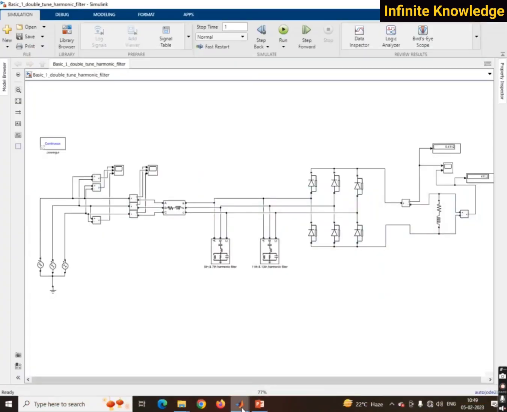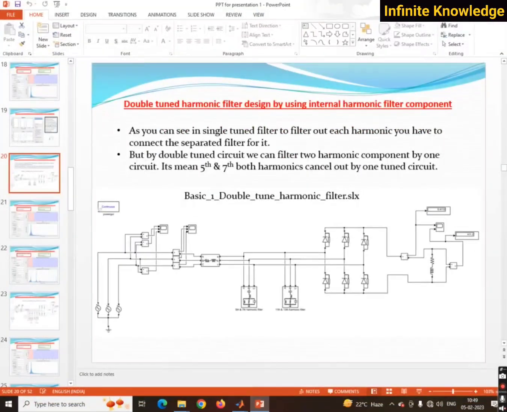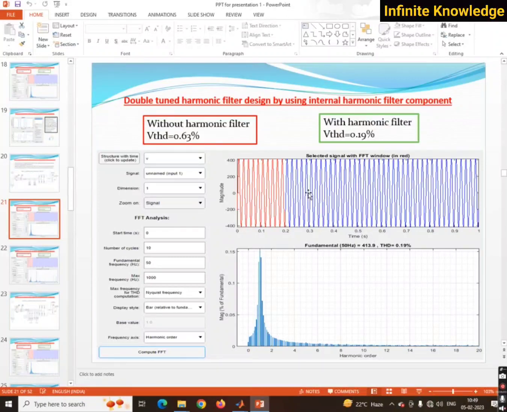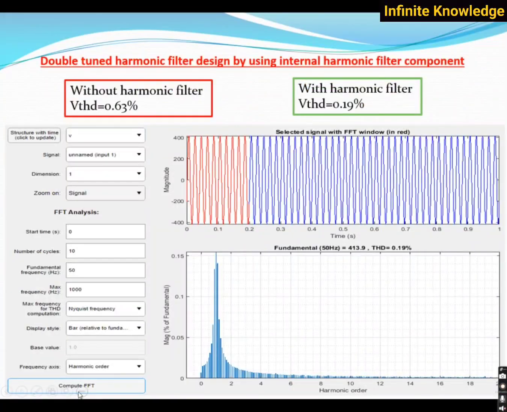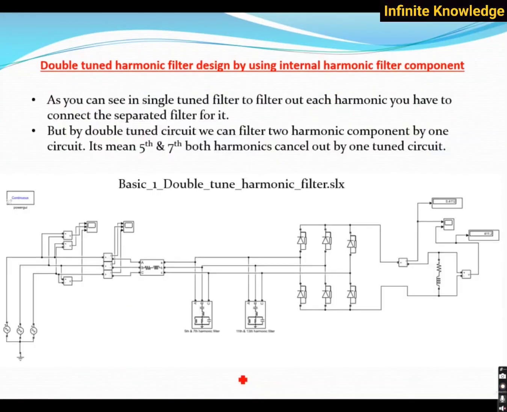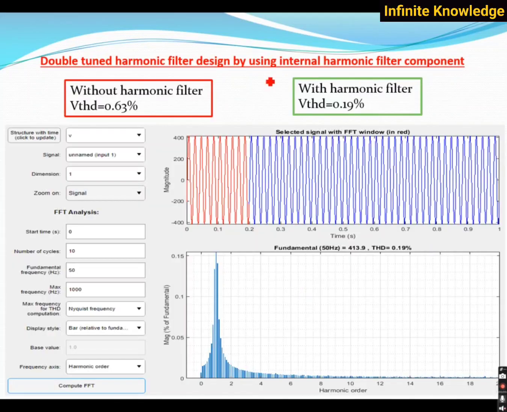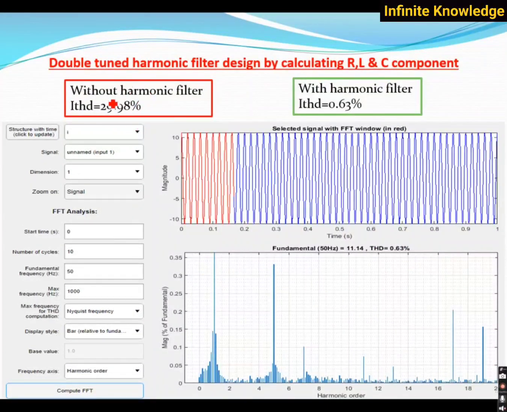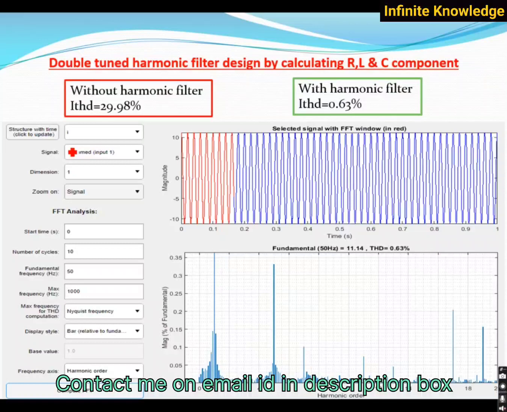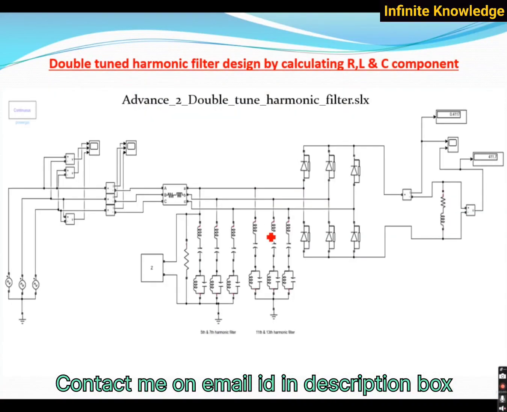FFT analysis takes some time to open, so we are directly going with the FFT analysis that I have already done. By these two filters we can eliminate the voltage harmonics, from 0.63% and 2.19%, very accurately, and the current harmonics from 30% to 0.63%. So also very good. We can eliminate the current harmonics as much as possible.